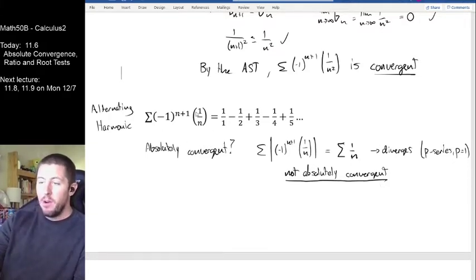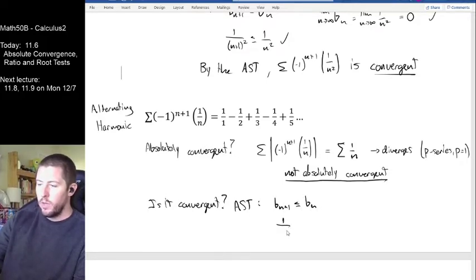But the other thing I'm noticing is that this is an alternating series. I am noticing here that b sub n plus 1 is definitely less than or equal to b sub n in all cases, because 1 over n plus 1 is going to be less than 1 over n in each case.